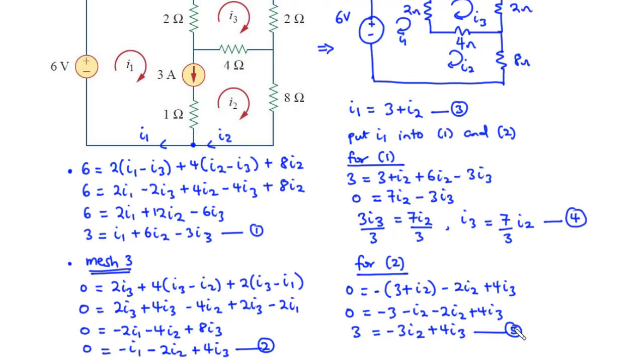Now the next thing we are going to do is to put equation 4 into equation 5. So for equation 4, that is I3 equals 7 over 3 I2. And then for equation 5, that is 3 equals negative 3 I2 plus 4 I3.